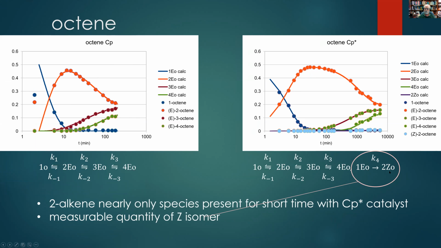In particular here, not only is the E isomer forming, but also the Z isomer, which is the difference between what we would normally call trans and cis distribution around the double bond. In this reaction, we're able to see some of the Z isomer forming, and of course, we have to put that in if we're going to model the kinetics accurately.